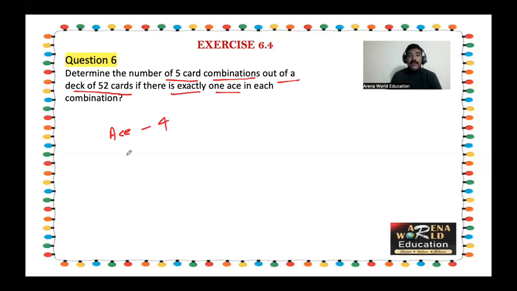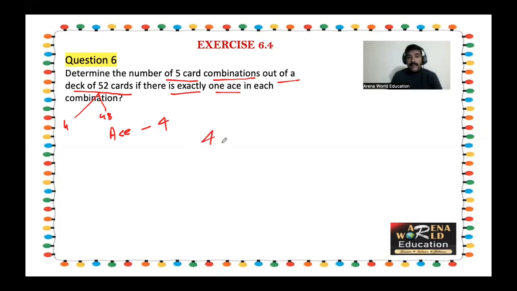Without these aces, the remaining cards will be 48, so we are dividing it into 4 and 48. We want to select 5 card combinations with exactly one ace card.